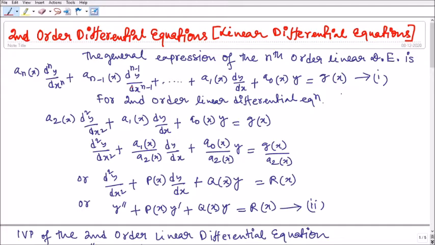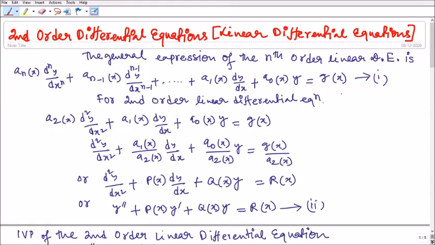And also the power of y and all its derivatives is 1. See here that the power of y is 1, and the power of dy/dx is also 1. So it is a linear differential equation.